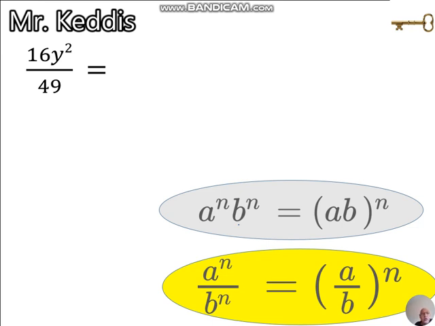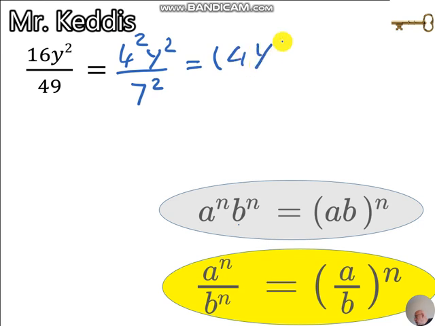16y squared over 49. 16, I can write it as 4 squared, y squared over 7 squared. According to these rules here, I can write this as a times b quantity raised to the power of n, means (4y) quantity squared over 7 squared.